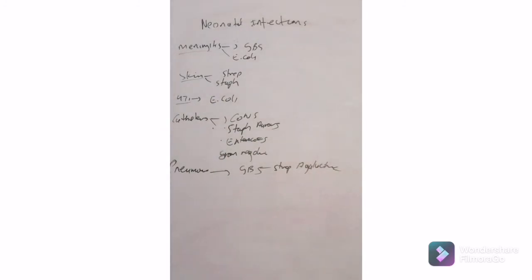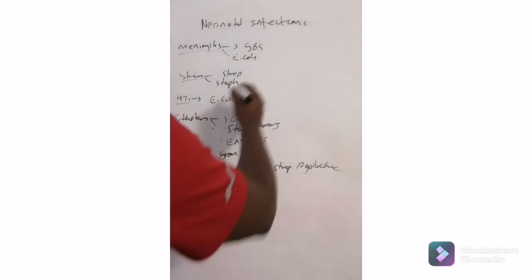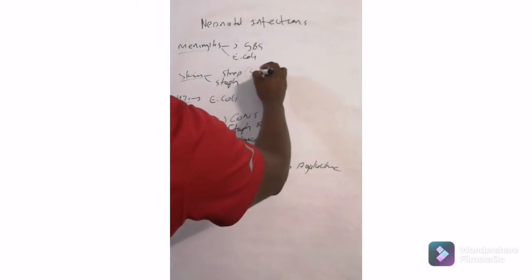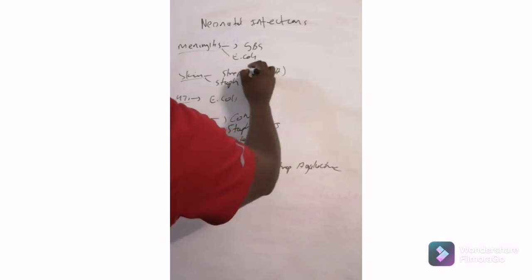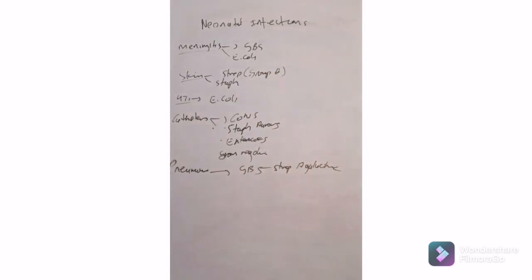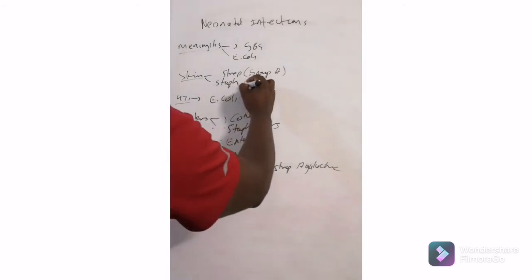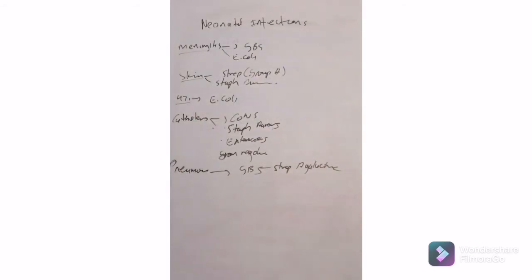So there are many others, guys. Strep group A here. Group A Streptococcus. And the Staph aureus. Yeah, so there are many others.